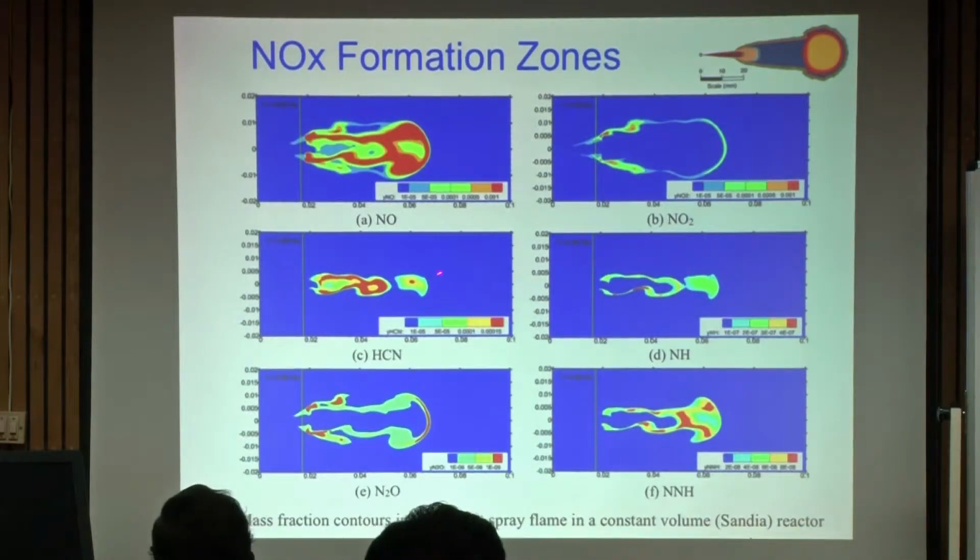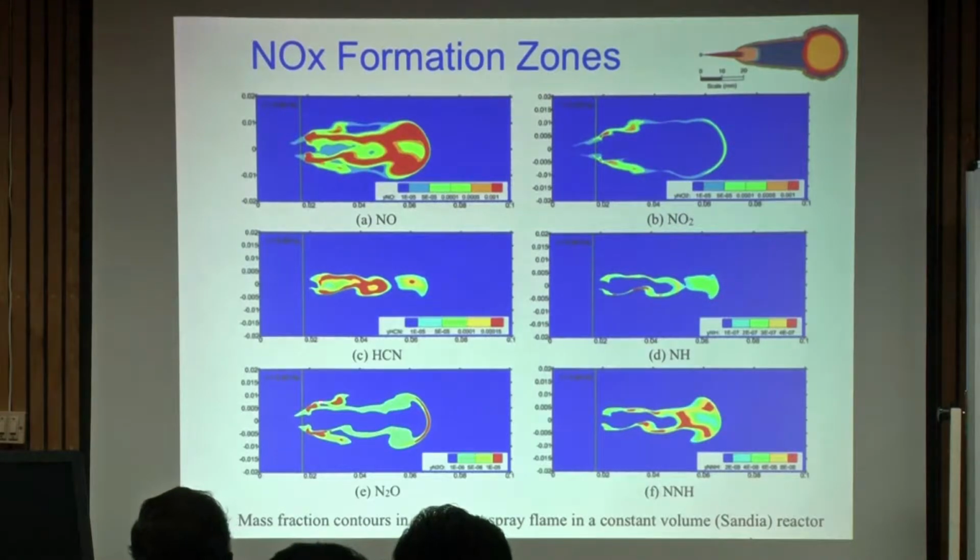Prompt. So again, it indicates that the prompt is formed in the rich premixed zone. NH also more or less there. So this is between the rich premix, a little bit outside the rich premix zone.